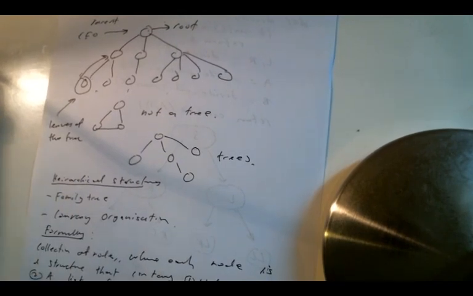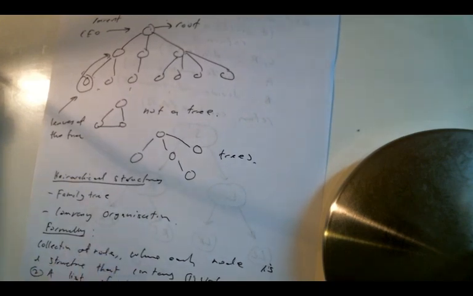That's usually good enough to define a tree. Okay? All right, so now let's look at how trees are defined and derived from divide and conquer algorithms. So let's look at that.